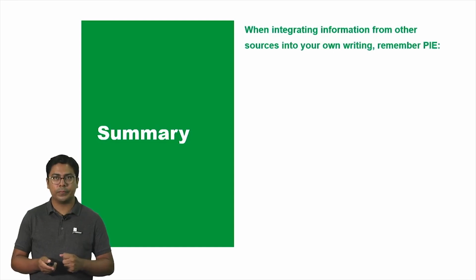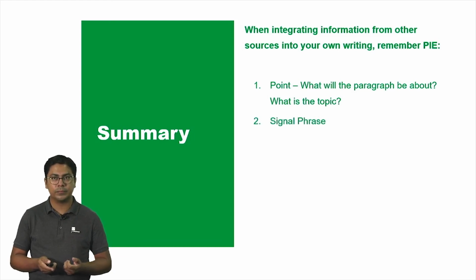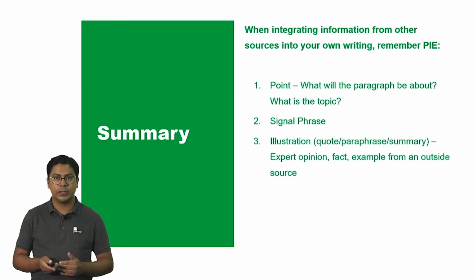So, in summary, when integrating information from outside sources into your own writing, remember PIE. Point. So ask yourself, what will the paragraph be about? What is the topic? What is your main claim? What signal phrase are you going to use to introduce your in-text citation?